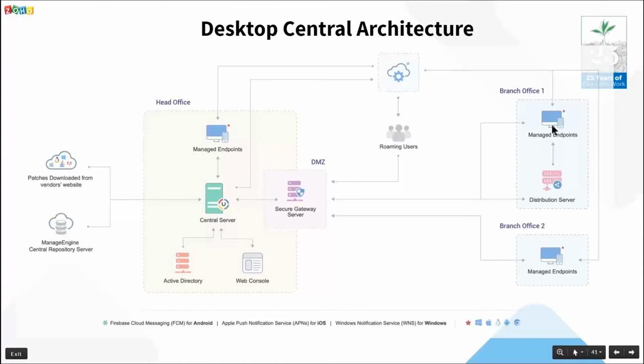They can contact the distribution server and also the central server to read the jobs and so on. Desktop Central can also integrate with Active Directory to fetch AD objects, to fetch AD reports, or you can even use this sync to target any configurations, patches, or software deployments through AD groups as well, right?